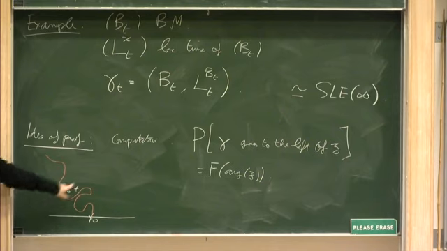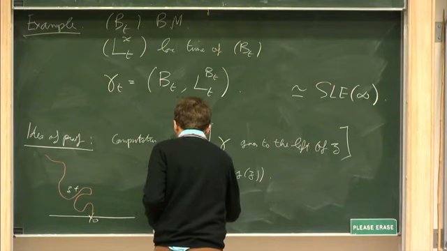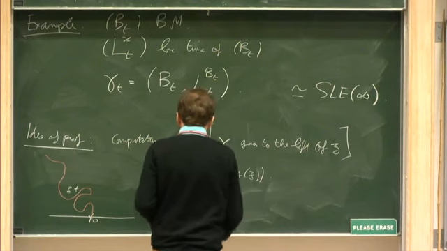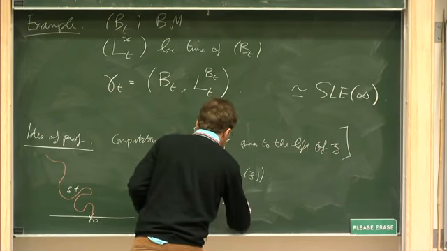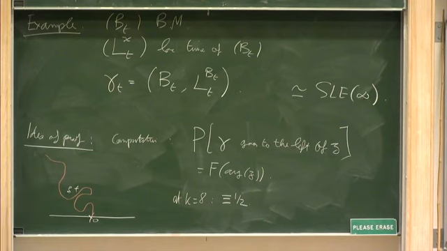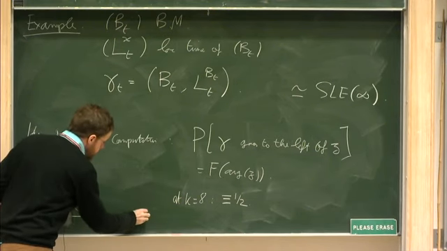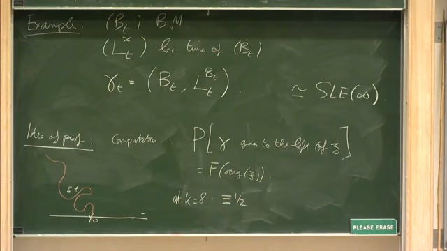It goes to 1 if the argument is here, because then it's difficult to sneak below the point z. But at kappa equal to 8, what you get is that this function becomes identically equal to 1/2. And what this means is that even if you take a point which is very close to the axis here, you still have probability 1/2 to go below it.